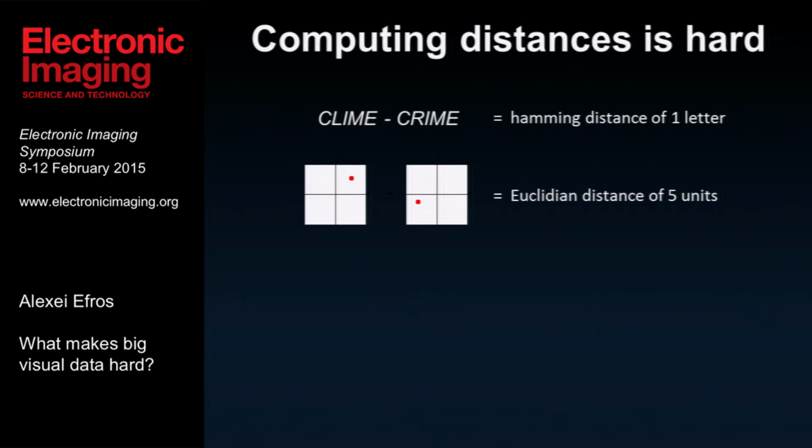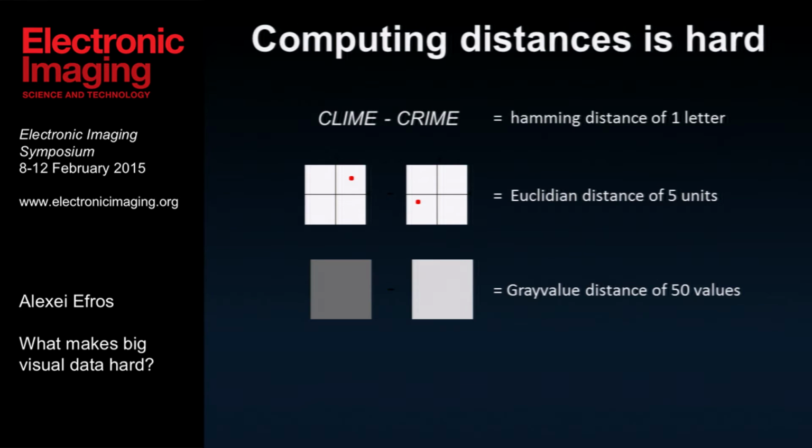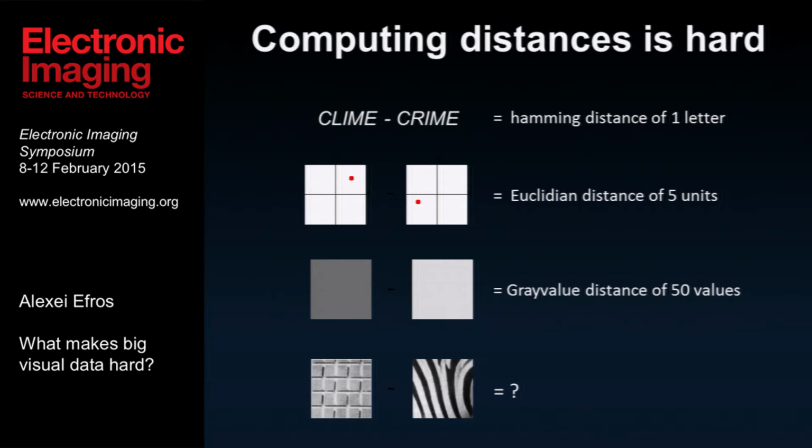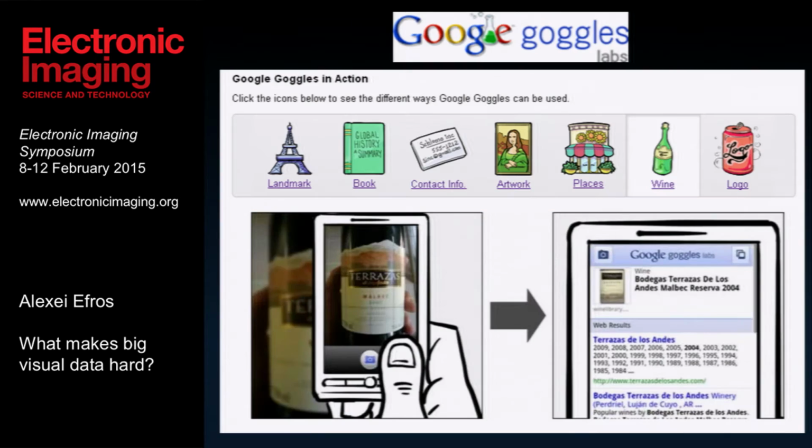A distance between 2 points in 2D, you can do Euclidean distance. A distance between 2 pixels, it's still okay, you can just do grayscale values. But what's the distance between those two things? Nobody knows, right? And that, to me, is really the hard thing, that we really don't know how to compute visual distances in a way that allows us to apply all of the classic methods.